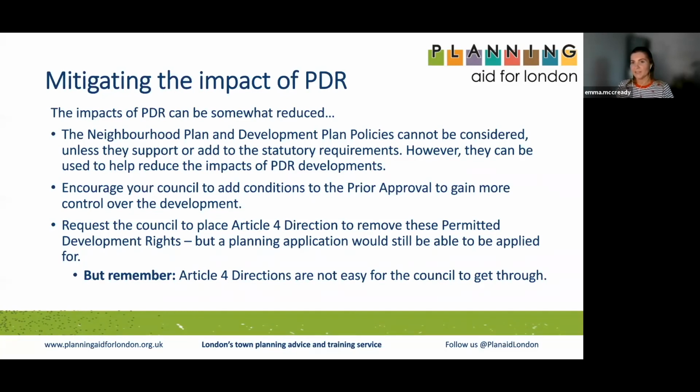I will say it is very hard to do, and it's going to become harder in the next few weeks, because there's talk of the government bringing in another addition to the law to make it more difficult for Article 4 directions to come forward. So I've put it in there to let you know that Article 4 directions exist. But I don't think that's necessarily the best route for you to go down, on the basis that it's very difficult for the council to do.